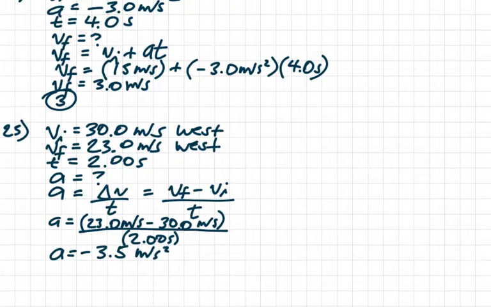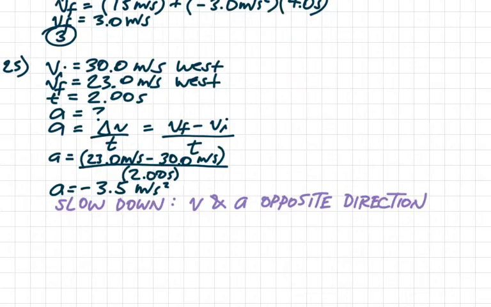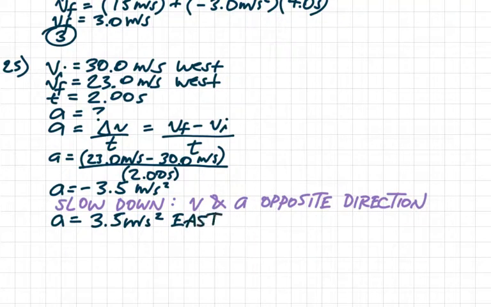But basically, if I called them negative, then I would have wound up with a positive acceleration. Point is, when you slow down, velocity and acceleration are in opposite directions. So keeping that in mind, you could say negative 3.5 meters per second squared, or you can say 3.5 meters per second squared east, because it's opposing the velocity. So that would be choice 1.